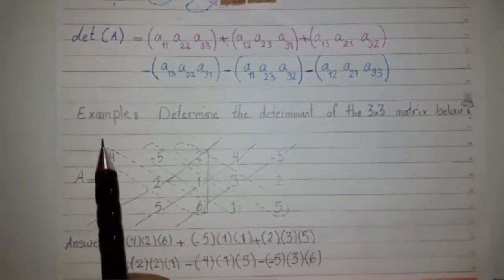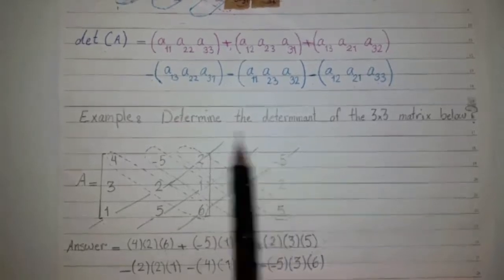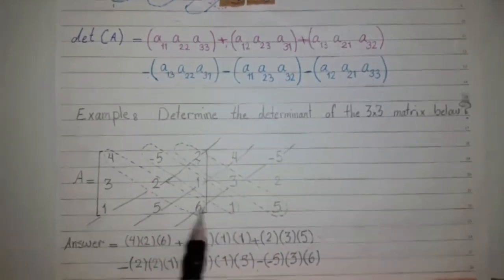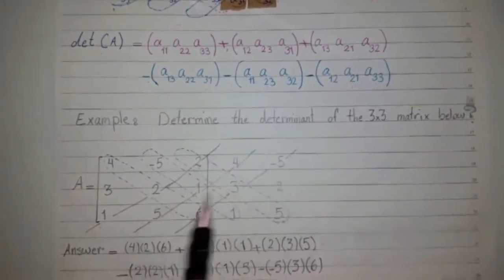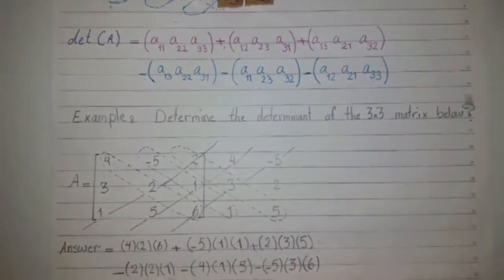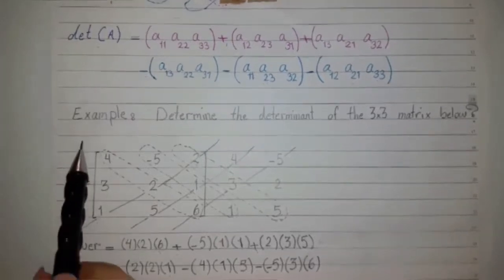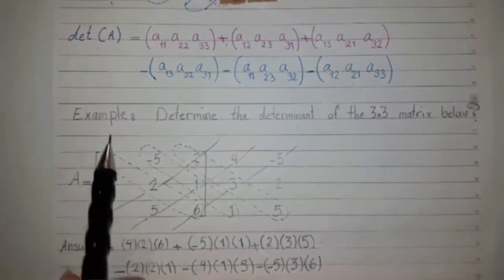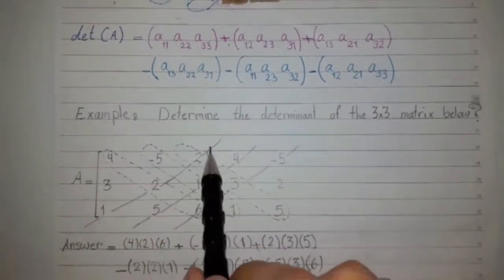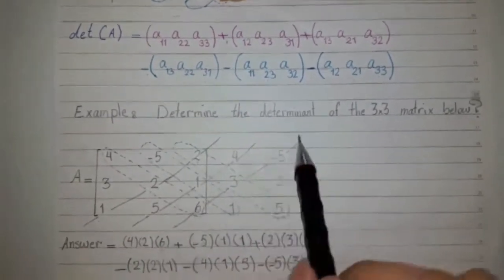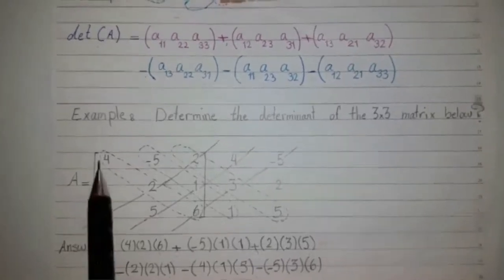Okay, we rewrite the first and second column over there: 4, 3, and 1. And again, the second column, negative 5, 2, and 5. Okay? We multiply our entries in these diagonals, and by adding them up and subtracting the multiplied entries in these diagonals, we can get to the answer, okay?